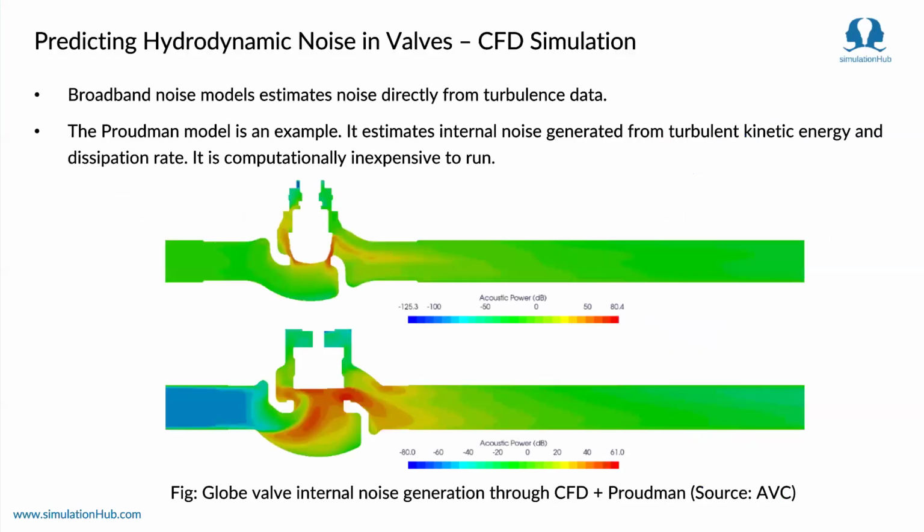Moving ahead, there is one of the easiest methods of predicting noise, which is the broadband noise model. It doesn't require any fluctuating quantities. Just a normal steady state run can be used to predict the source of noise, and it also gives you a nice contour so you can visualize it.